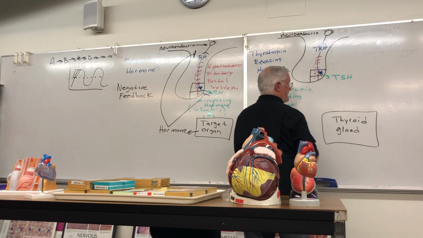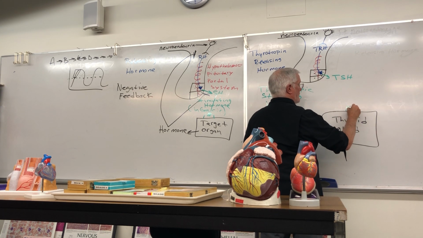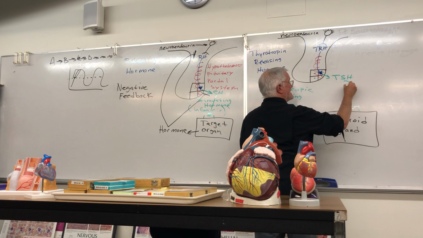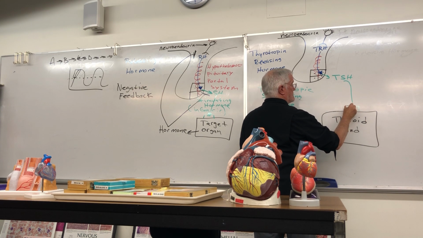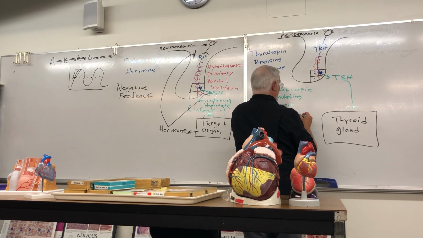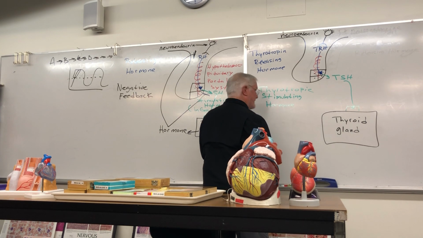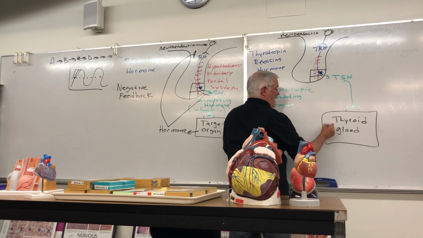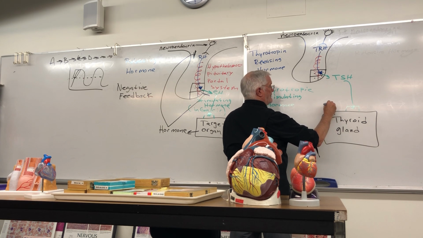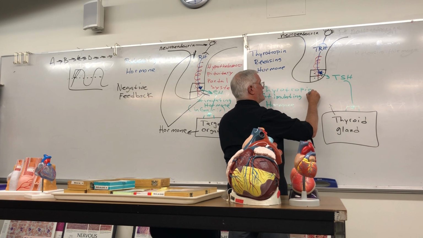I'm going to show a receptor just so I can keep in mind the idea that hormones have receptors. TSH is going to go here. And to show my negative feedback, I'm going to draw it this way. From this, we'll do it up here. Right? We're going to release T3 and T4.